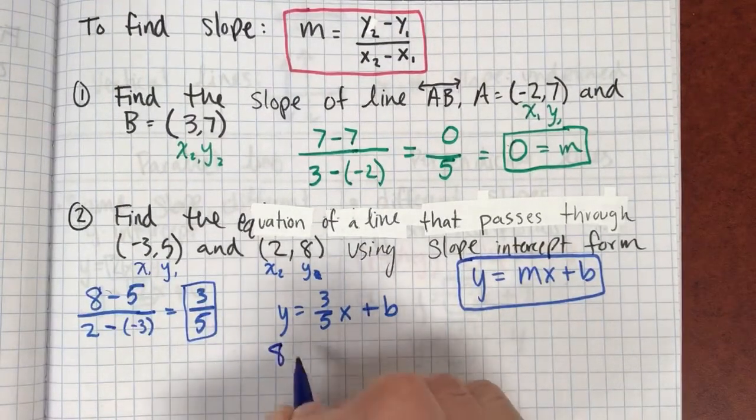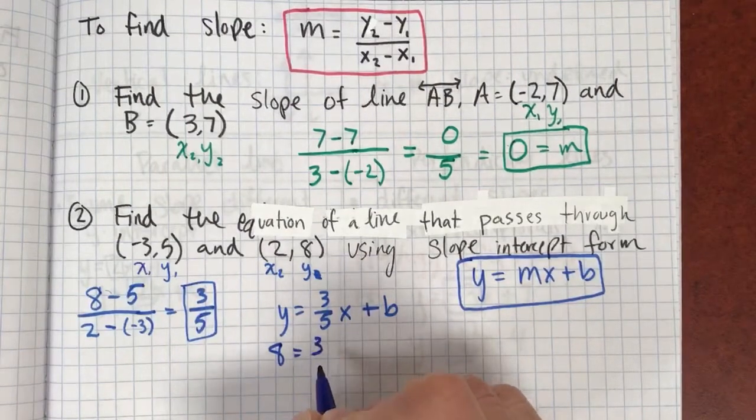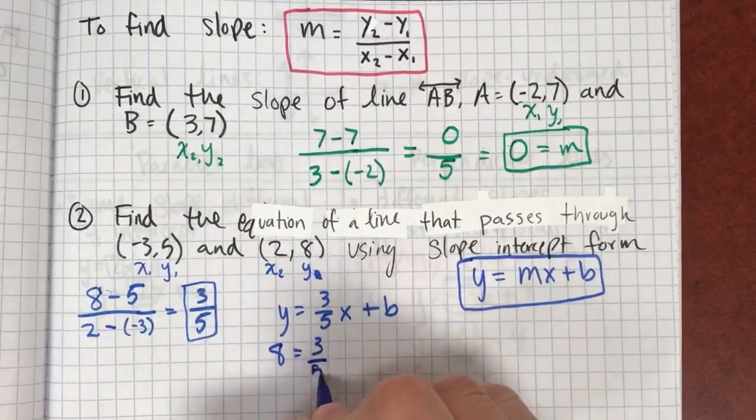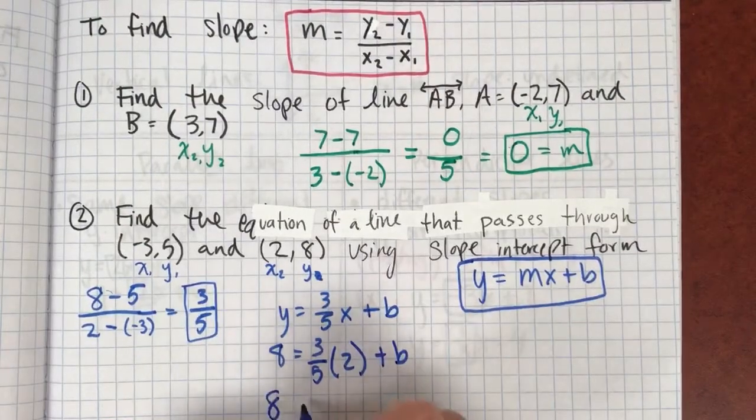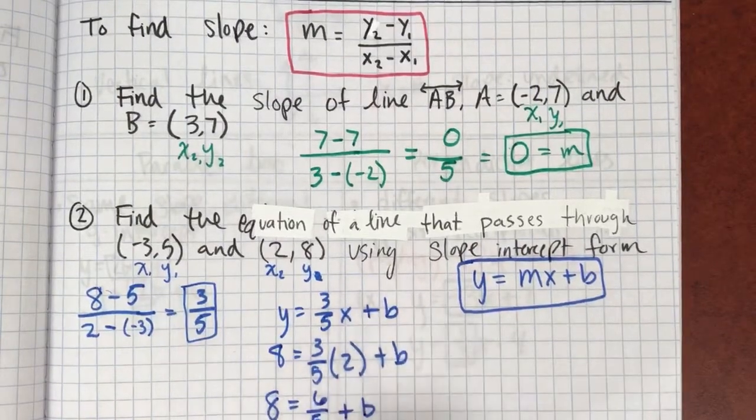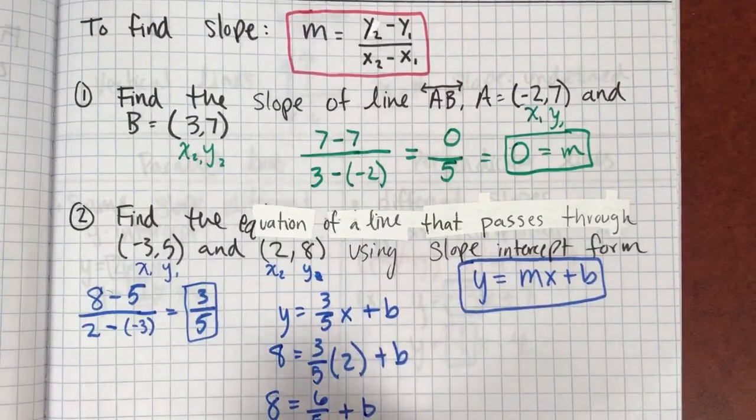So we're going to use our second one. All right, and we can simplify this. 8 equals 6/5 plus b. And when we subtract, we get b equaling 34 over 5, but let's just call that 6.8.